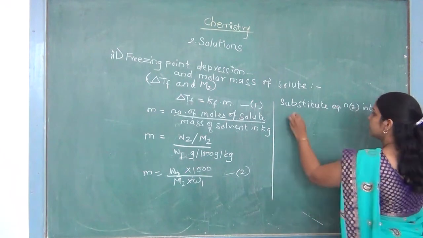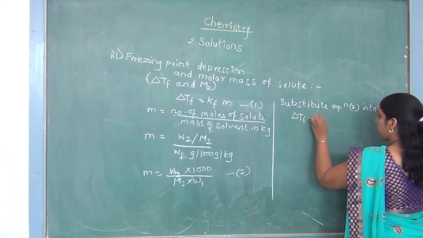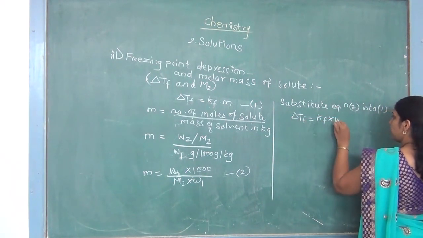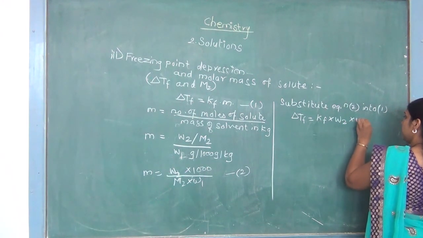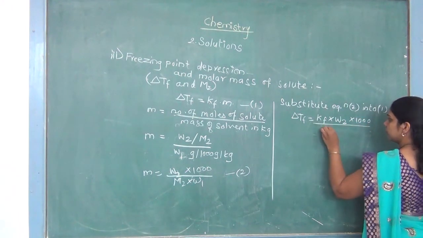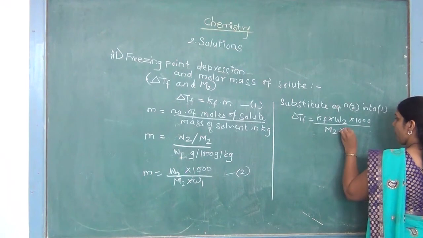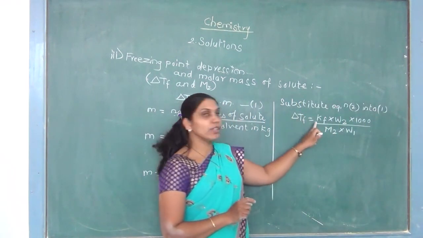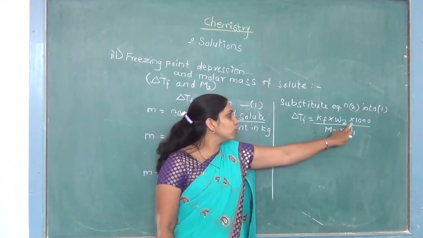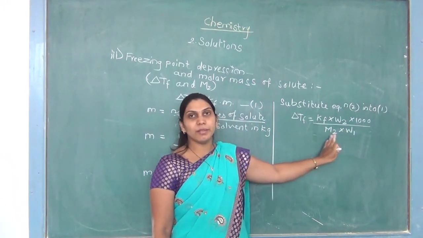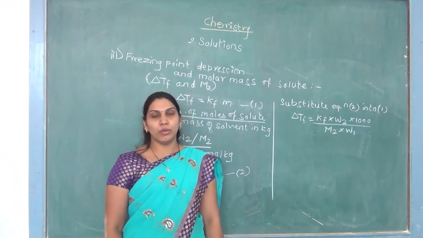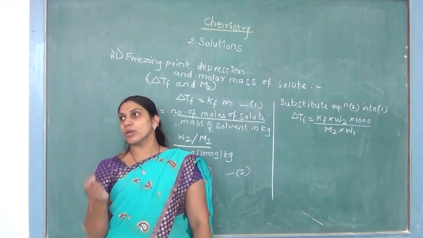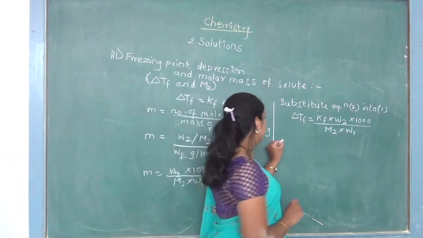What we get is delta TF is equal to Kf into W2 into 1000 divided by M2 into W1. We will rearrange this equation for the value of M2.